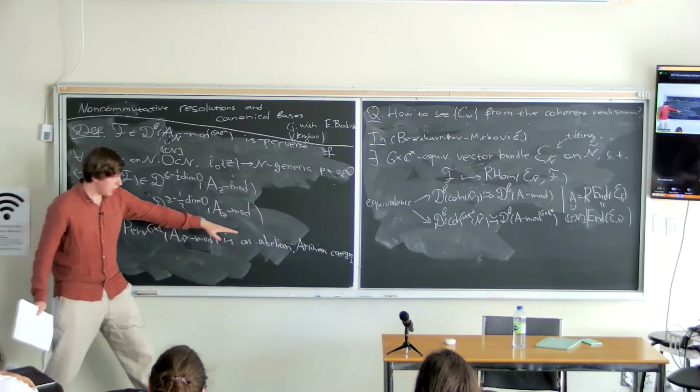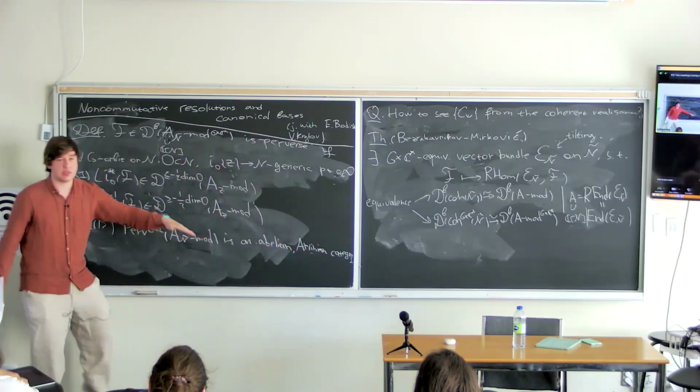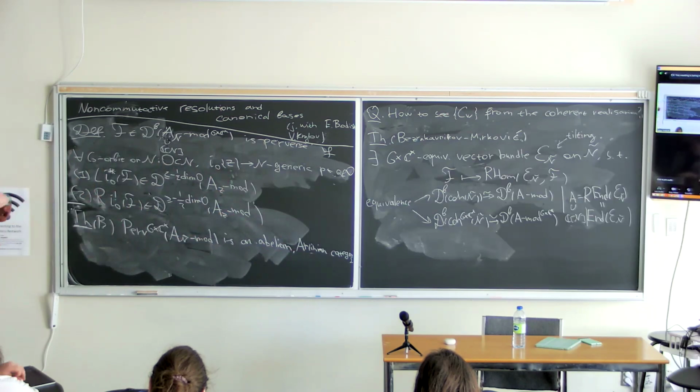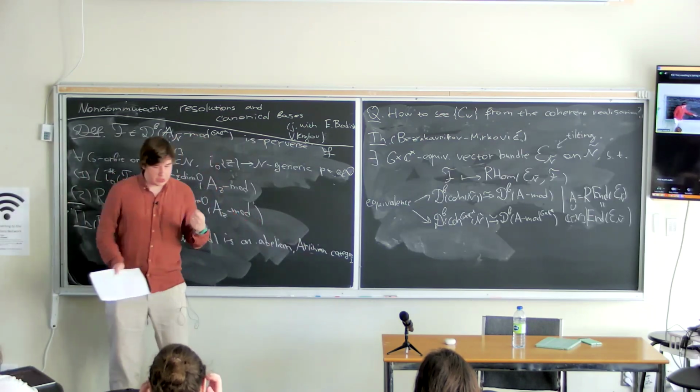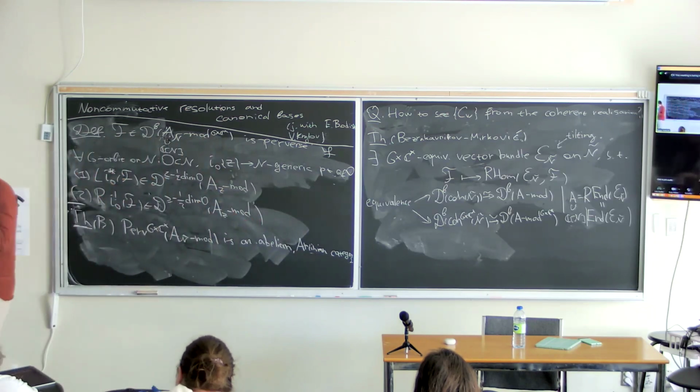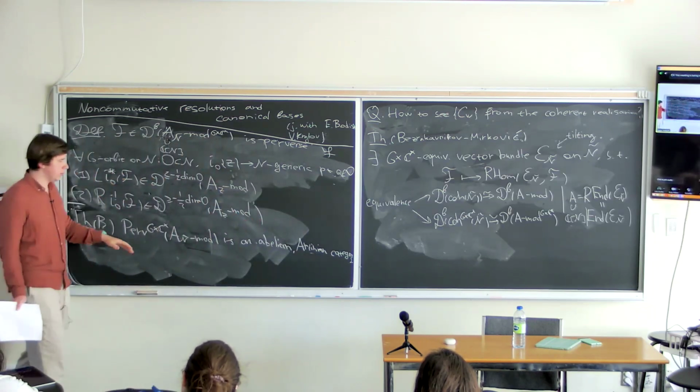So the most surprising part here is that it's Artinian. It's also Noetherian. So Noetherian plus Artinian means that any object has finite length. So there is an analog of the Jordan-Hölder theorem.